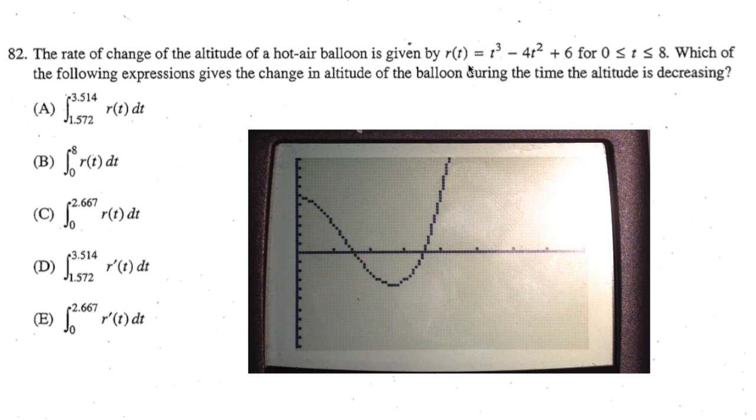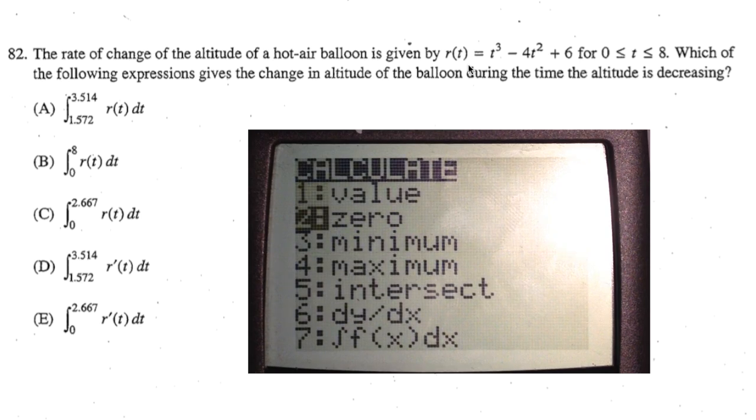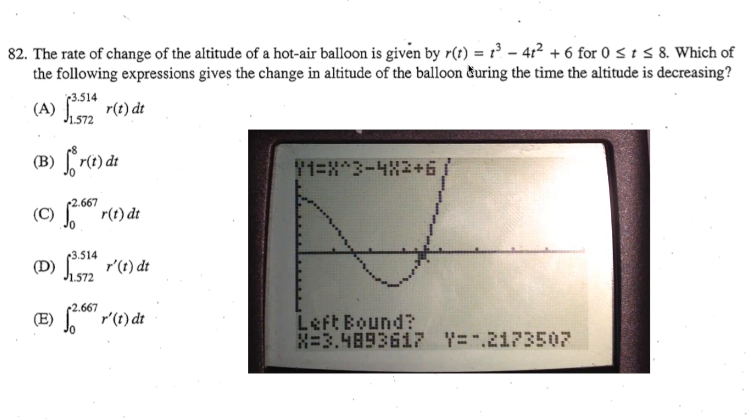To find those values, we just hit second calc and find the zeros. It gives 3.514, so our upper limit will be 3.514.